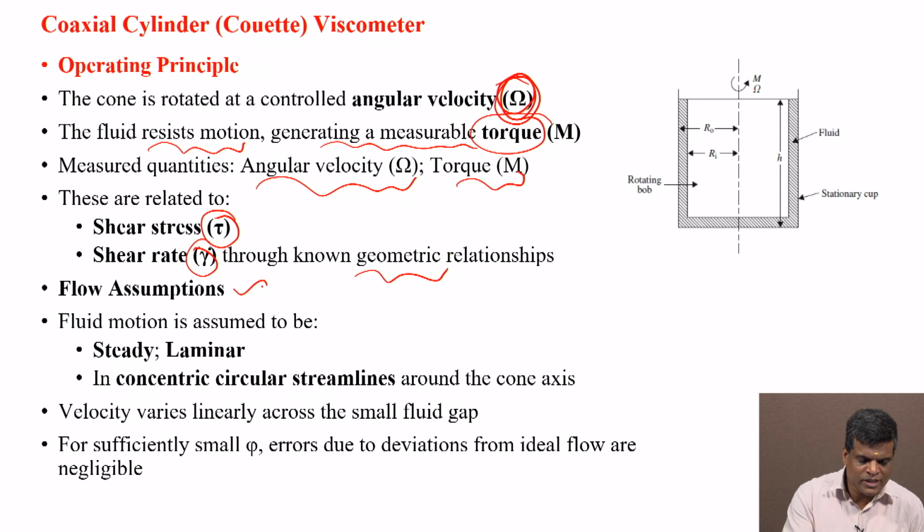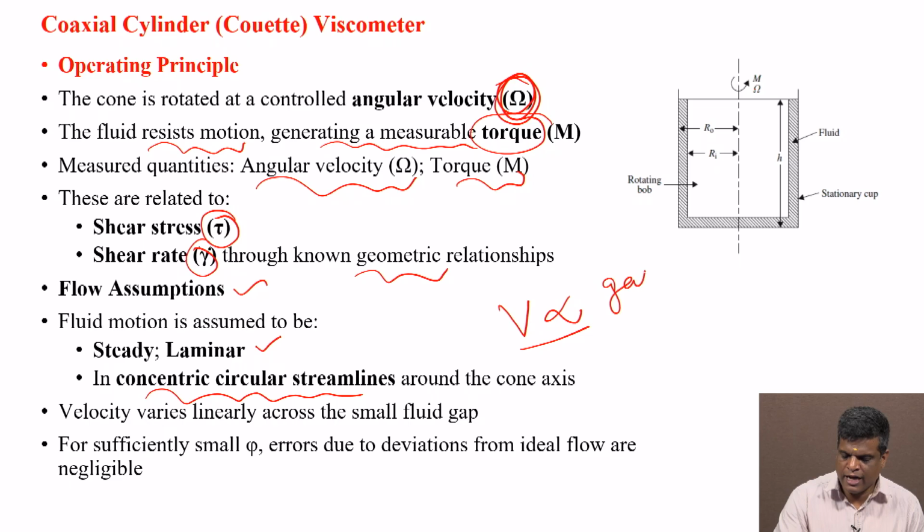Of course, the flow assumptions are the same as discussed: steady and laminar, with concentric circular streamlines. The velocity varies linearly across the gap. Of course, for a sufficiently small cone angle, the error due to deviation from the ideal flow is negligible.